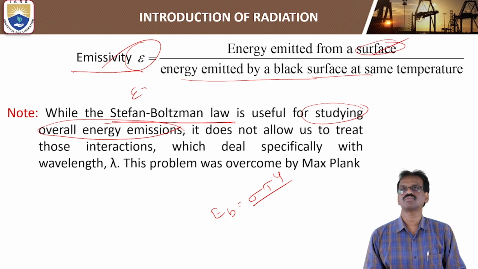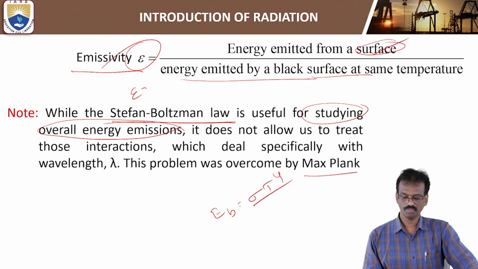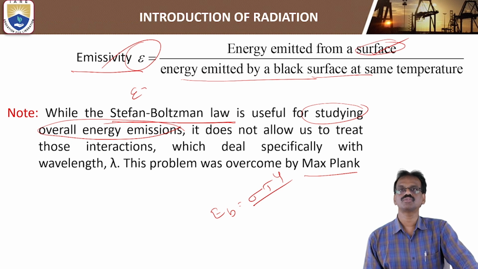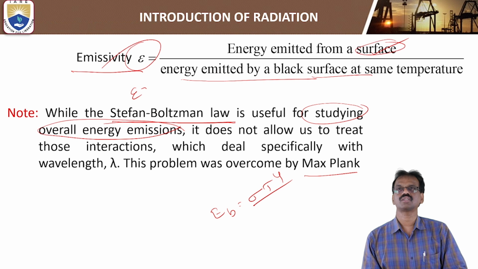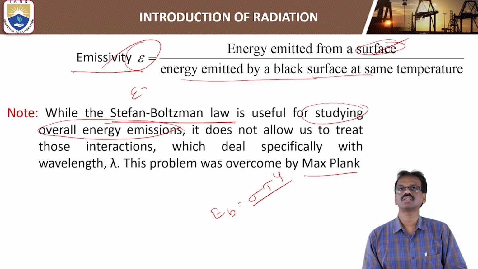This problem was overcome by Max Planck. According to Max Planck, he has given a formula to rectify this problem and to find the emitted energy at a particular wavelength. We'll see that in the next class, where we'll see the different laws of radiation, like the Stefan-Boltzmann law and Planck's law.